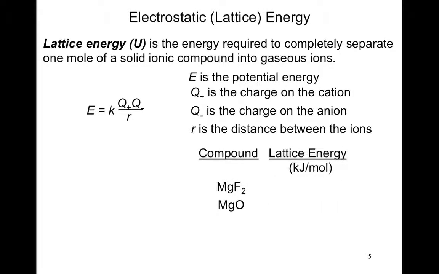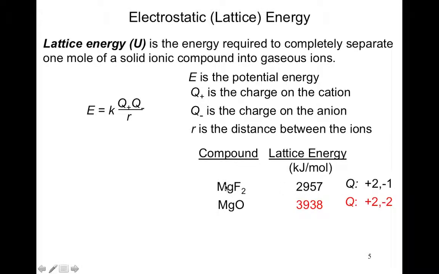So we look at a couple compounds here and how different they are. You can see that magnesium fluoride has a lattice energy of 2,900, and then magnesium oxide has a lattice energy of 3,900. And that's kind of odd considering they're both salts with magnesium, but oxide is such a bigger number. And our answer for this comes from their charge.